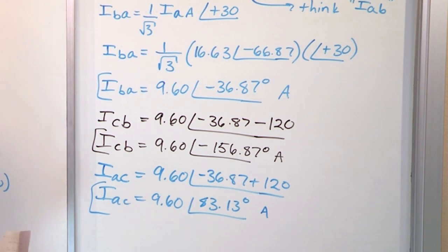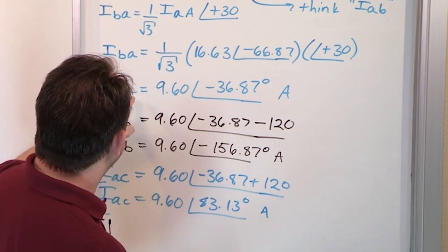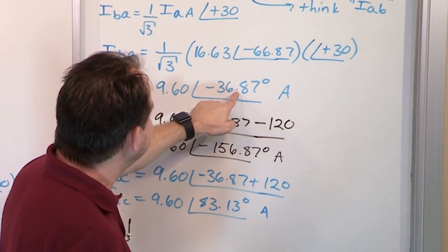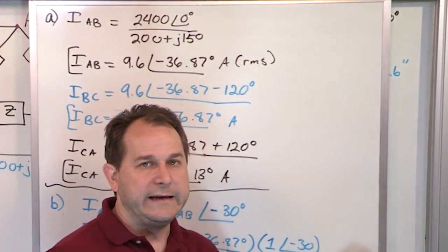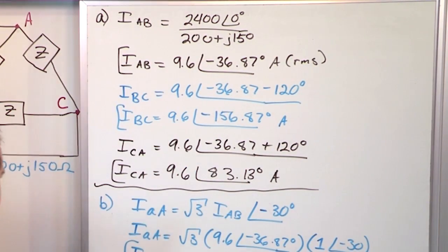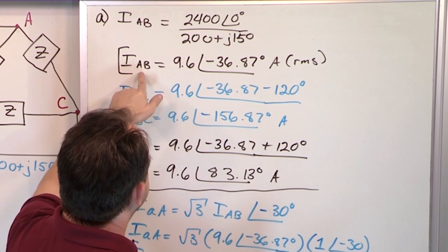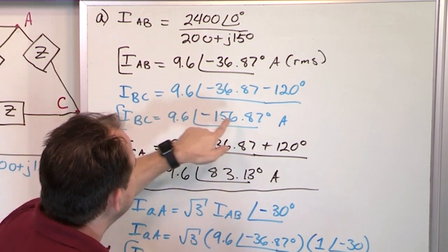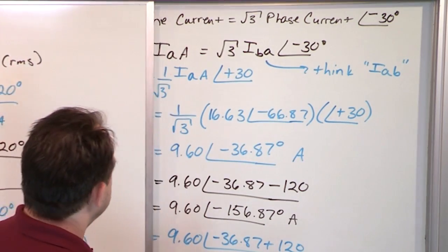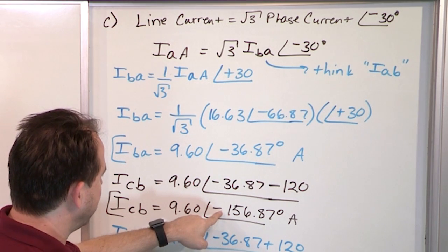One thing I want to call your attention to, look at these phase angles. On the generator side, the phase angle of the A phase was negative 36.87. Now look at the load: the load current for the A phase, negative 36.87. Now look at the B phase load current, negative 156.87. The generator B phase also had a phase angle of negative 156.87.